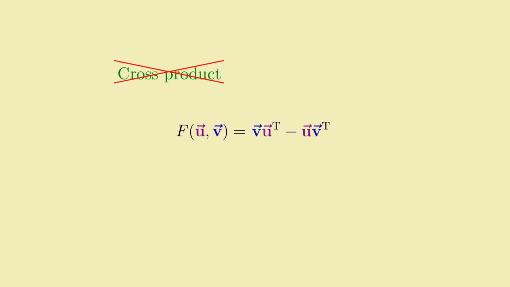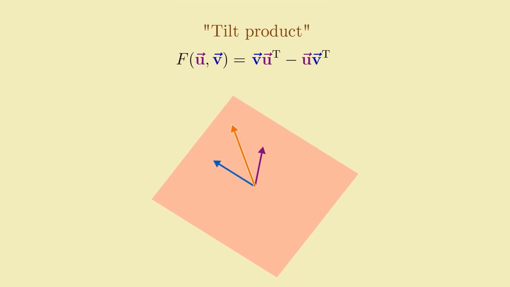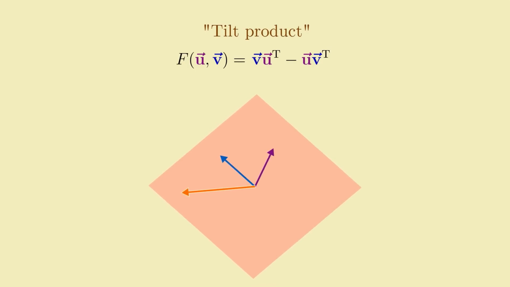Now, it'd be nice to have a name for this way of combining two vectors, U and V, to get this rotation generator matrix. But seeing as it's neither exactly a cross product nor a wedge product, and I also don't want to overload those names, I'm going to give it a name of my own. I call it the tilt product, since the matrix it produces can be thought of as tilting vectors 90 degrees from U toward V, along with projecting them onto the UV plane.